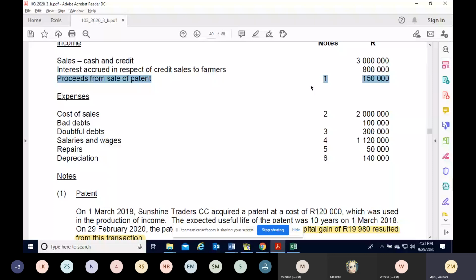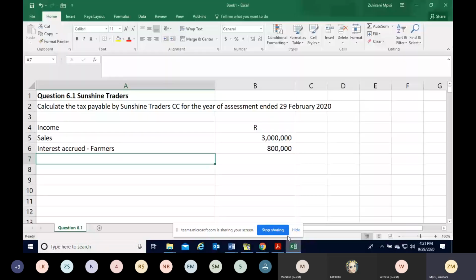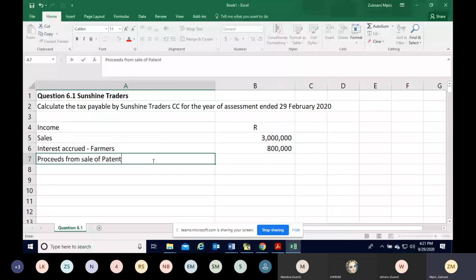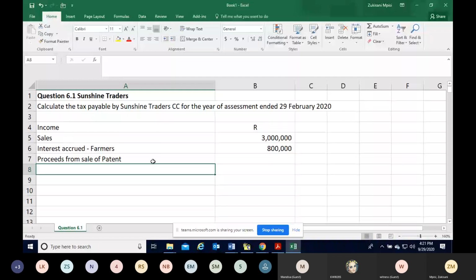Anyone? Do we actually say proceeds from sale of patent? Anyone? Anyone have a suggestion? What do we do?